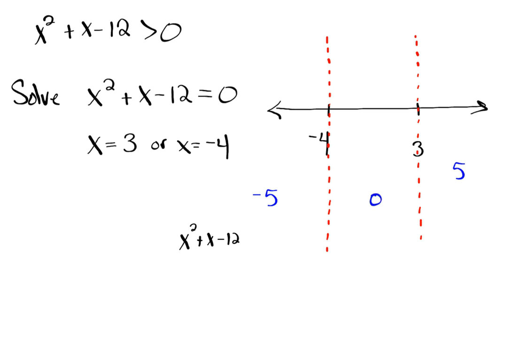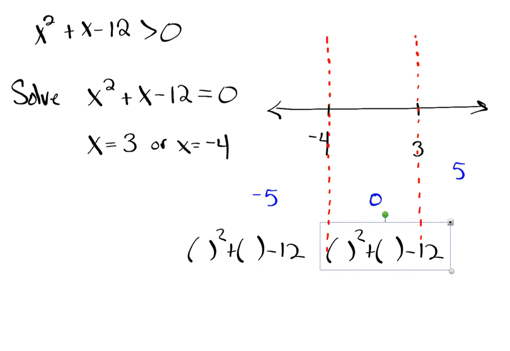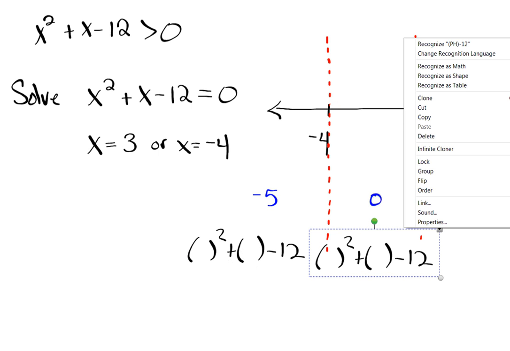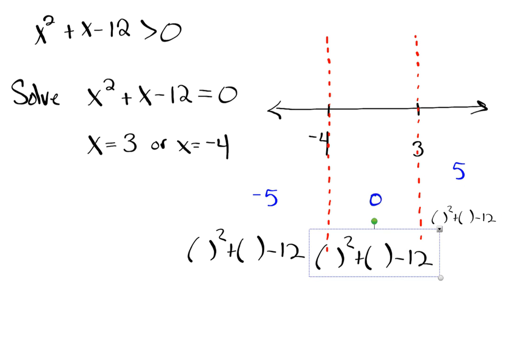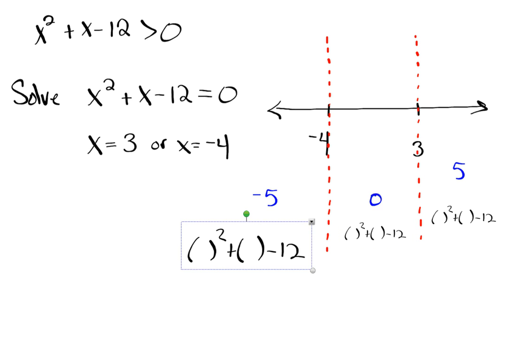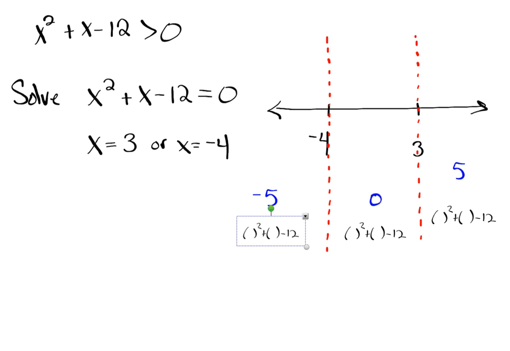You've got to do that 3 times, so I'm going to write this down 3 times, and in those little parentheses, I'm going to put -5, 0, and 5.